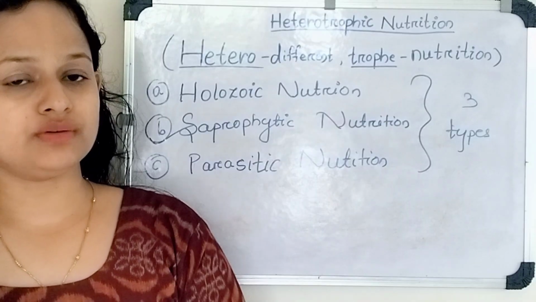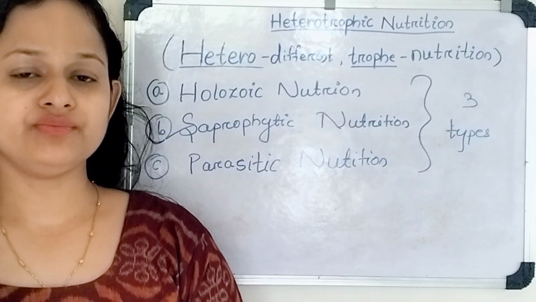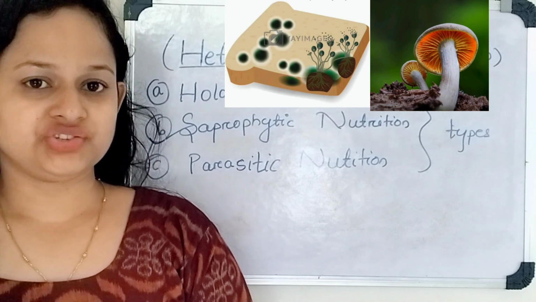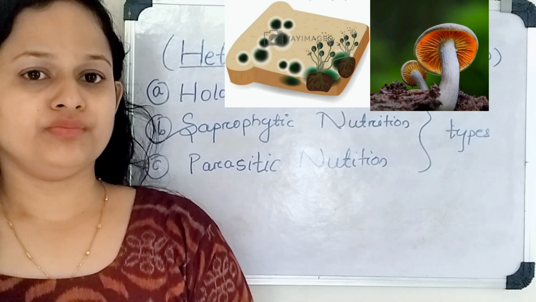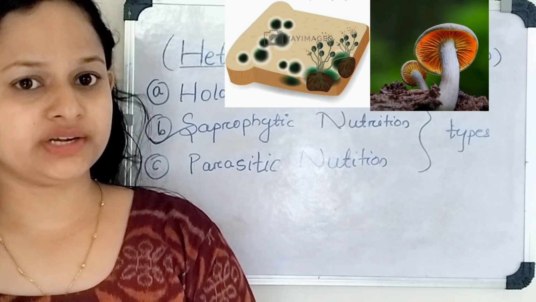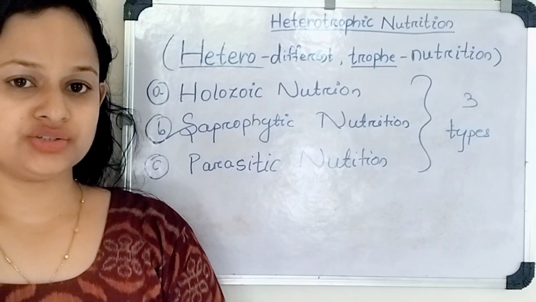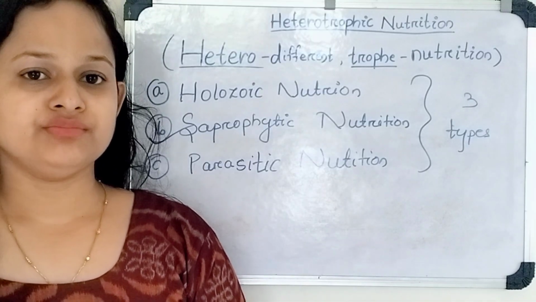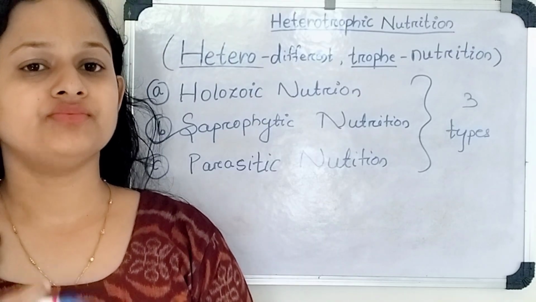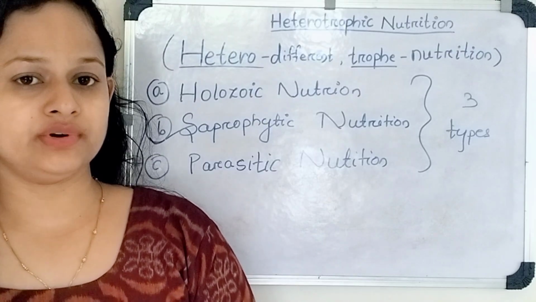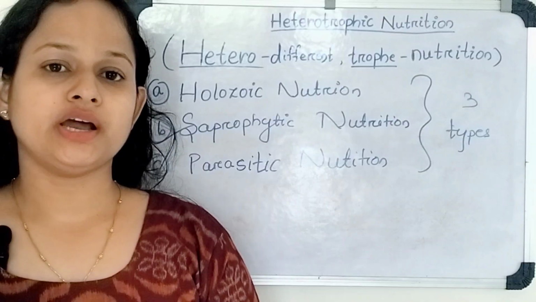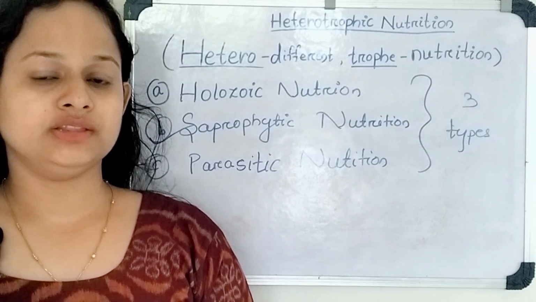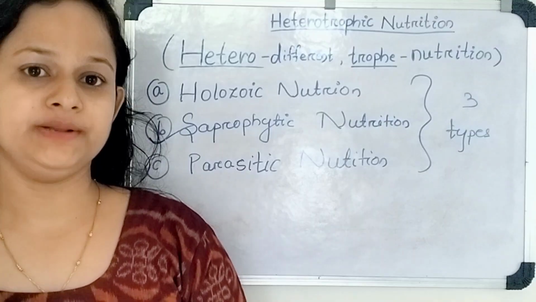The examples of saprophytic nutrition are fungi like bread molds, mushroom, etc., and it may also occur in some bacteria. The saprophytes secrete enzymes from their body which break down the food outside their body into simpler forms, and after the formation of simple food, they take the food into their body.